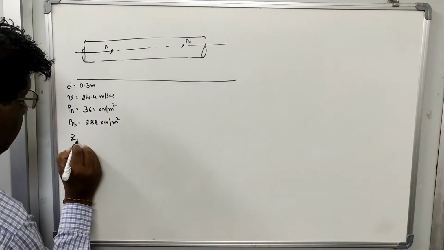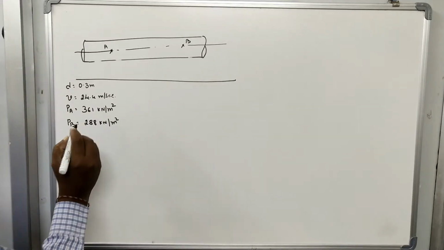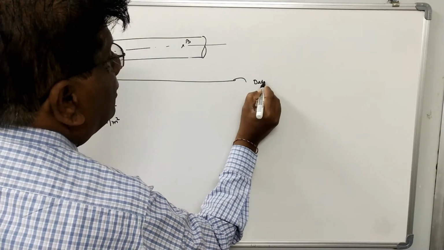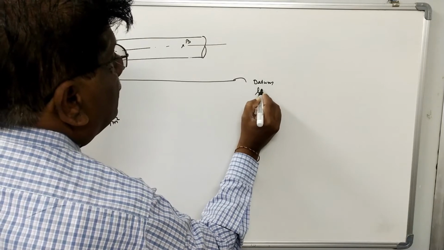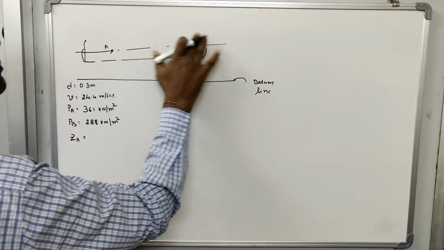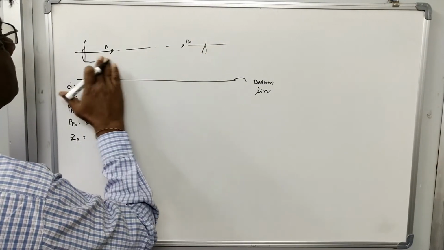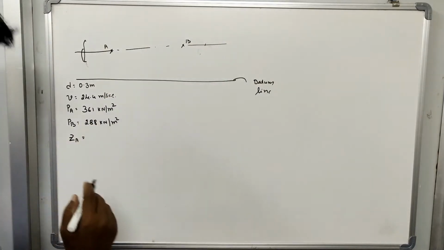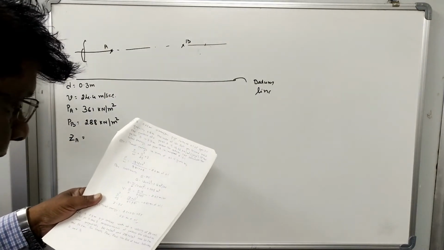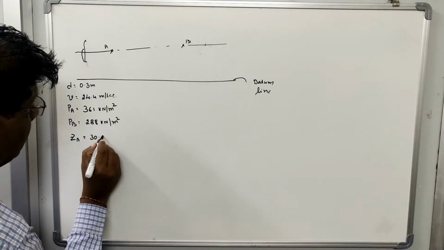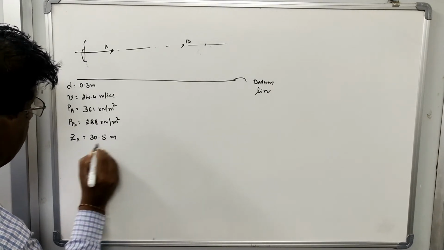that is ZA, is measured from the datum line, which is the reference point. ZA is 30.5 meter.